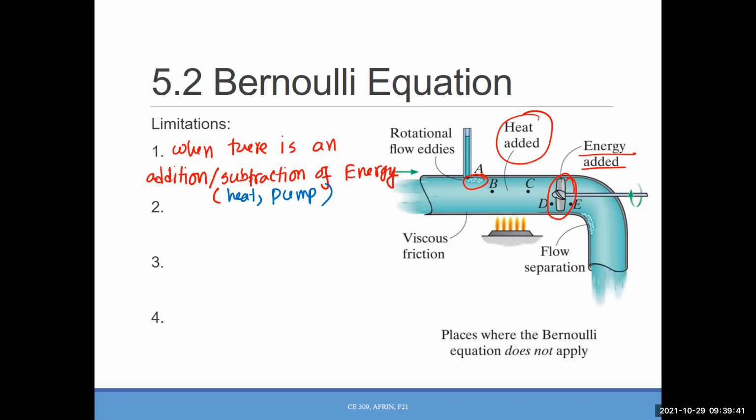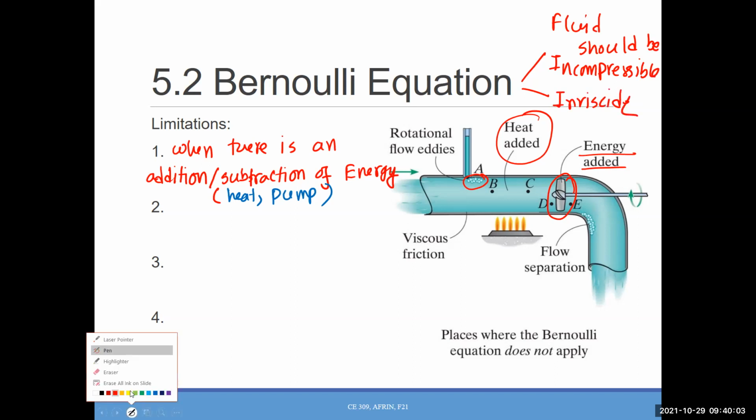So what we can say is that for Bernoulli's equation, the two main conditions are that the fluid should be incompressible and inviscid. If you can't remember what inviscid was, that is when the viscosity is almost 0. And incompressible means gamma is constant.